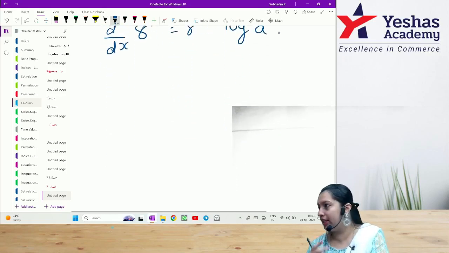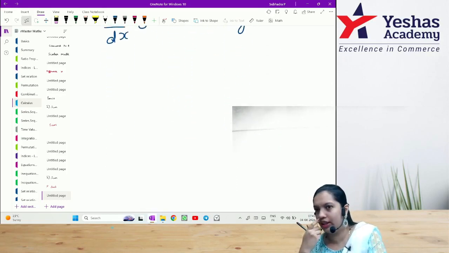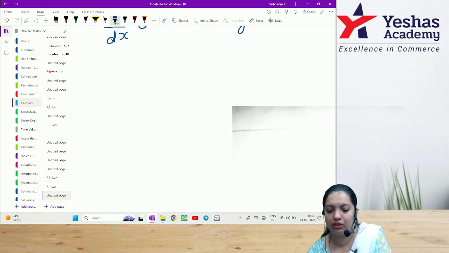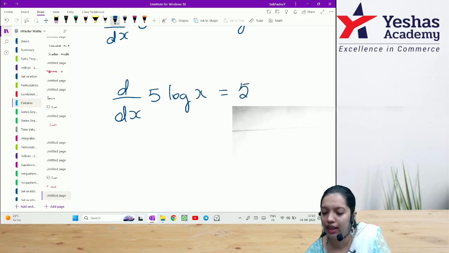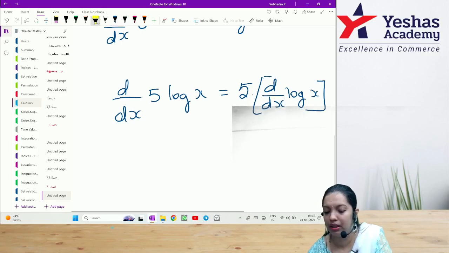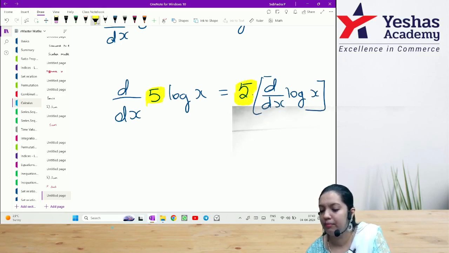Earlier we did the scalar multiple rule. Suppose I asked you to find the derivative of 5 log x. We will take 5 outside into the derivative of log x separately. So whenever you have any number that is getting multiplied, take that number outside.